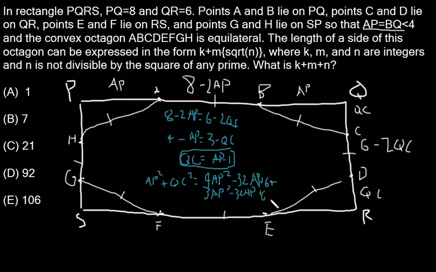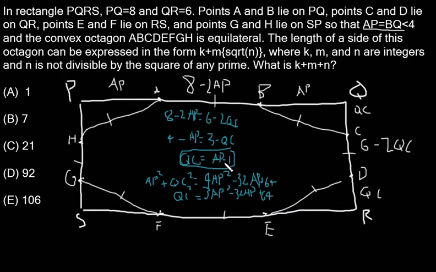Plus 64 is equal to QC squared. All right, and so now we can finally start plugging in what QC squared is.